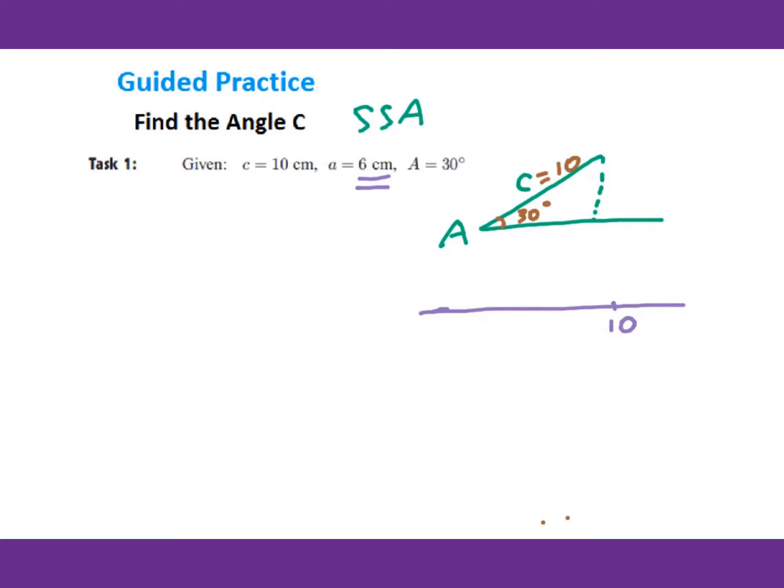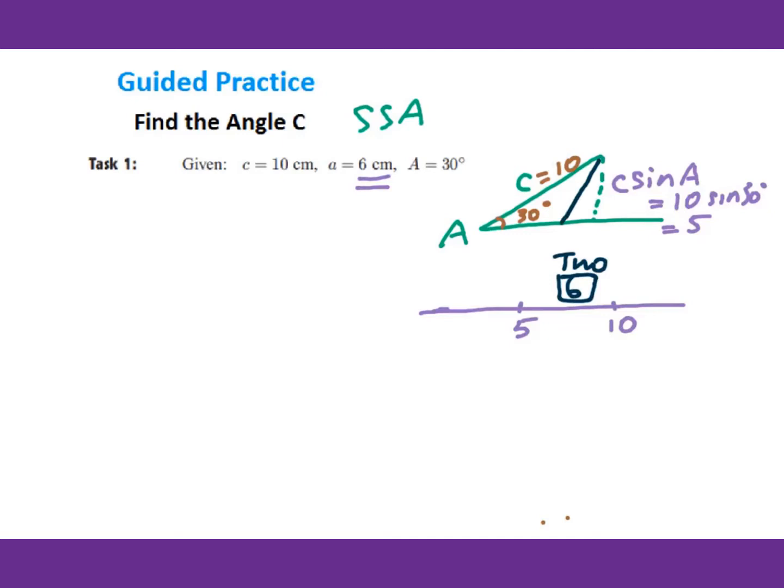So we need to figure out C sine A. We put into calculator, you will get 10 times sine 30 degree equals 5. So we got this is a 5. 6 is between 5 and 10. Therefore, you have two solutions.